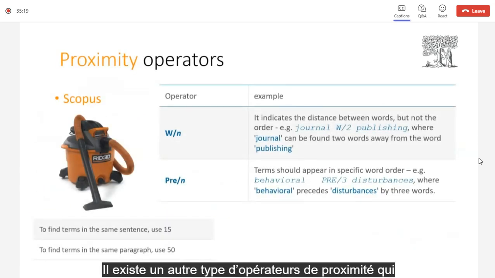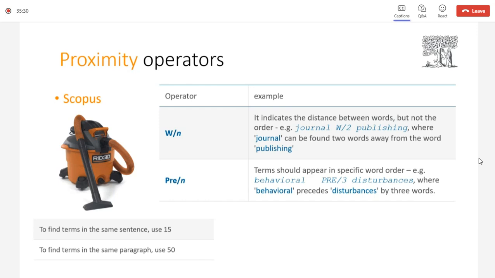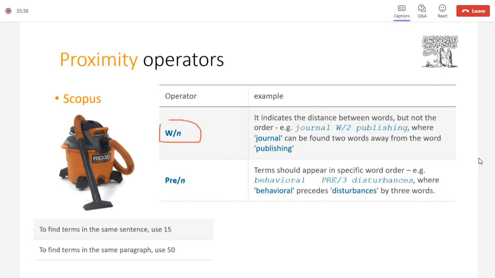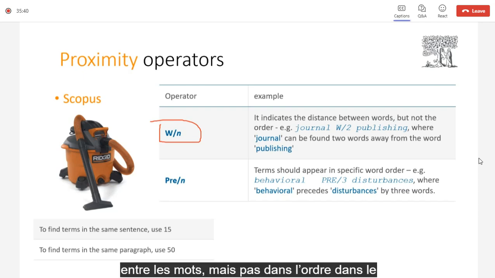There's another kind of proximity operators that for me are like vacuum cleaners, because they are amazing to find things that I don't really know how they are related. There's an operator, W/n, that indicates the distance between words, but not in strict order.